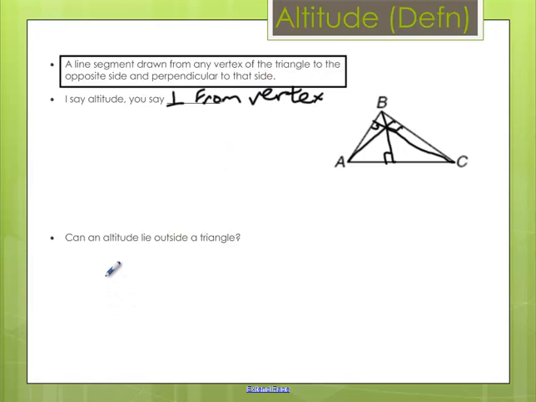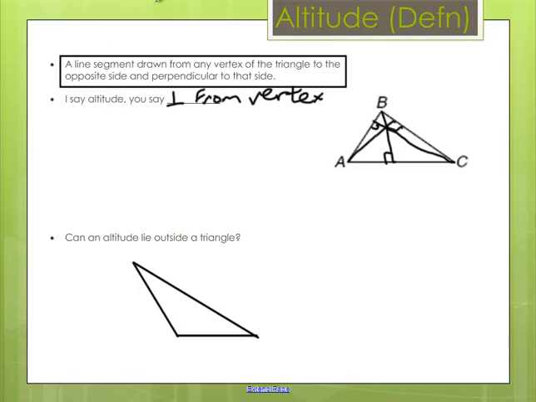So, can an altitude lie outside a triangle? Take a minute to think about it. See if you can picture a triangle where it would lay outside. And the answer is actually yes. Let's take, for instance, an isosceles triangle. That's not isosceles, that's an obtuse triangle. So let's get our triangle straight first.